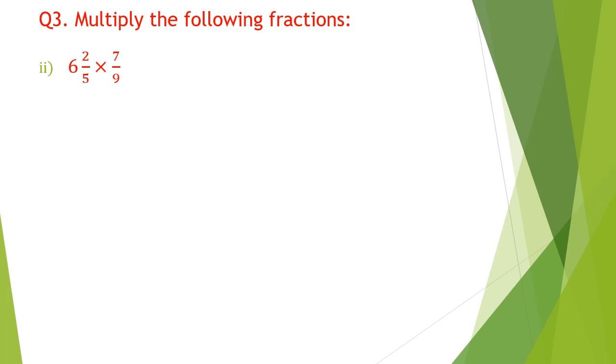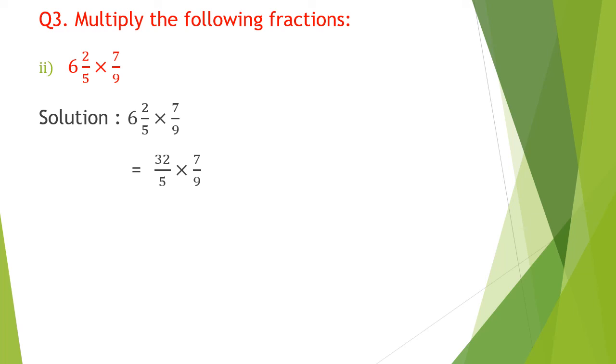Our next question, question number 3. Multiply the following fractions. Second question, 6 integer 2 upon 5 multiplied by 7 upon 9. The first step is to convert the mixed fraction into an improper fraction and then apply the rule of multiplication of a fraction by a fraction. 32 upon 5 multiplied by 7 upon 9.